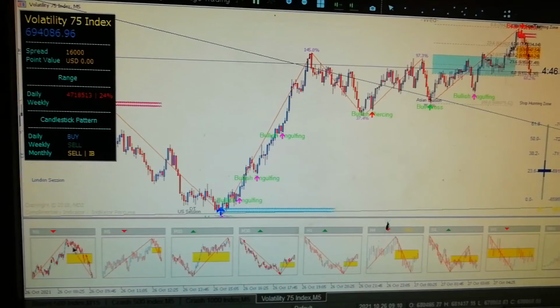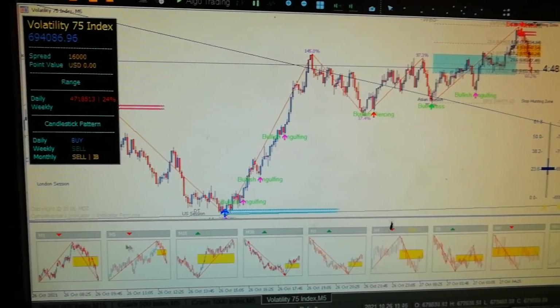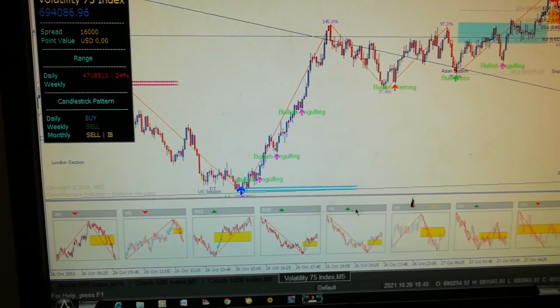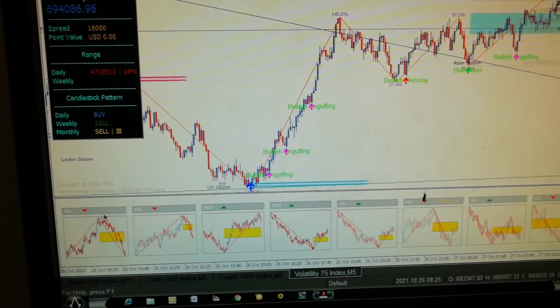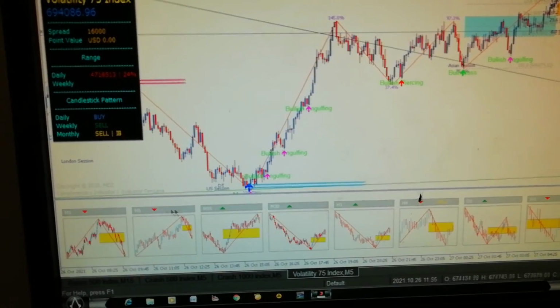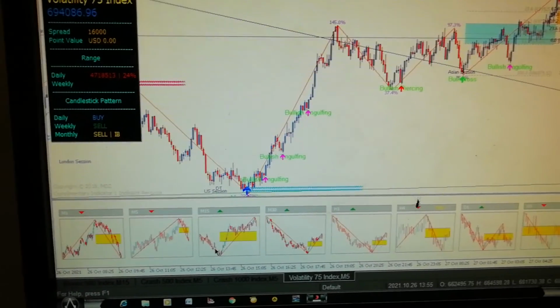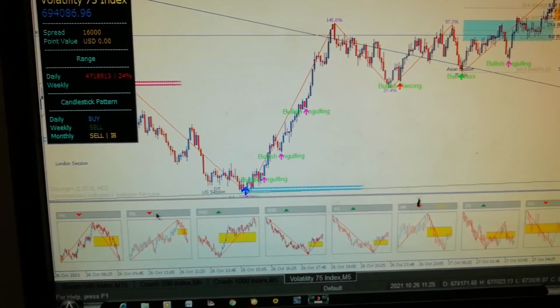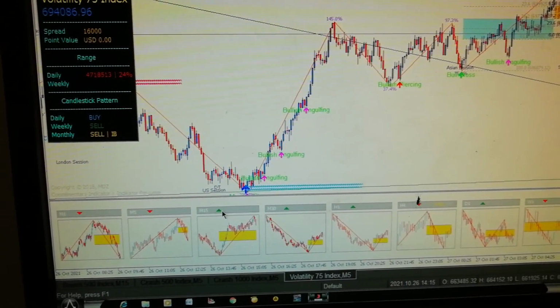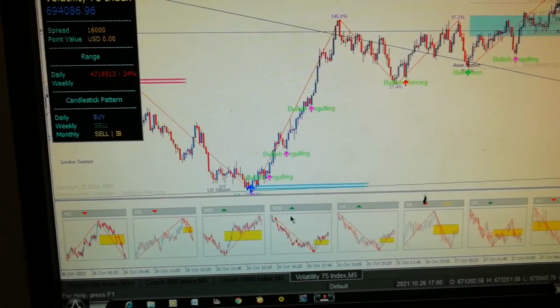This dashboard, as you can see, we've got M1, M5, M15, M30, H1. On this dashboard you've got these arrows, the reds and the greens. The red arrows indicate sells, and the green arrows indicate buys.